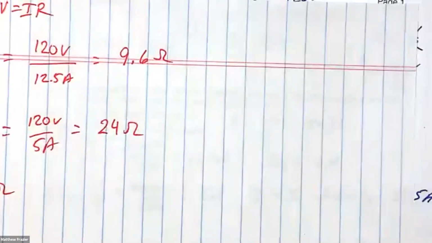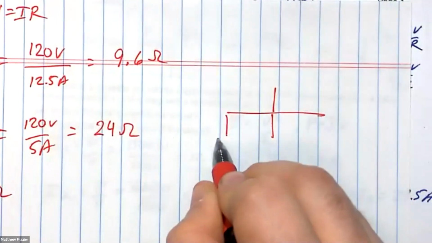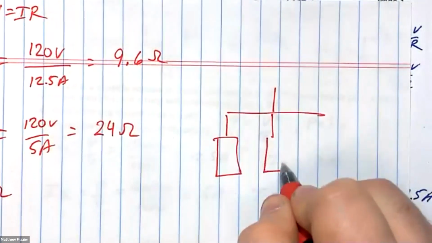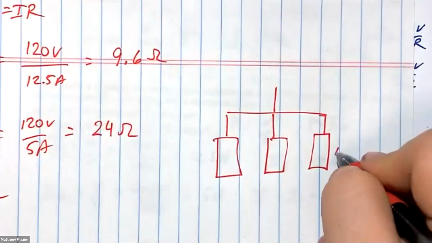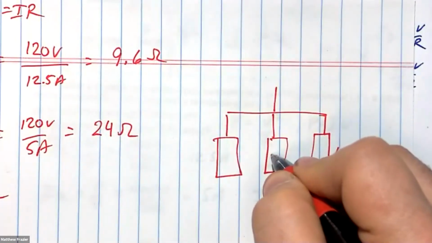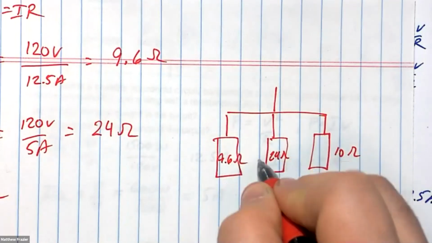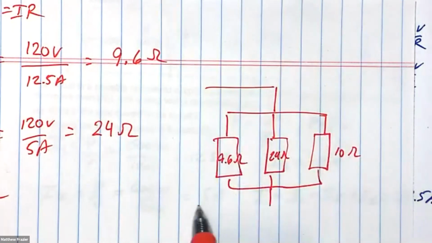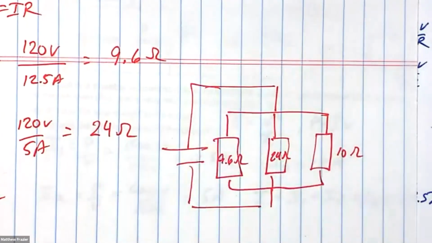Now what we have is a circuit. Instead of squiggles, I'm going to draw boxes because it's a little bit easier. We have 10 ohms, 24 ohms, and 9.6 ohms, and that is our circuit that goes to our battery.